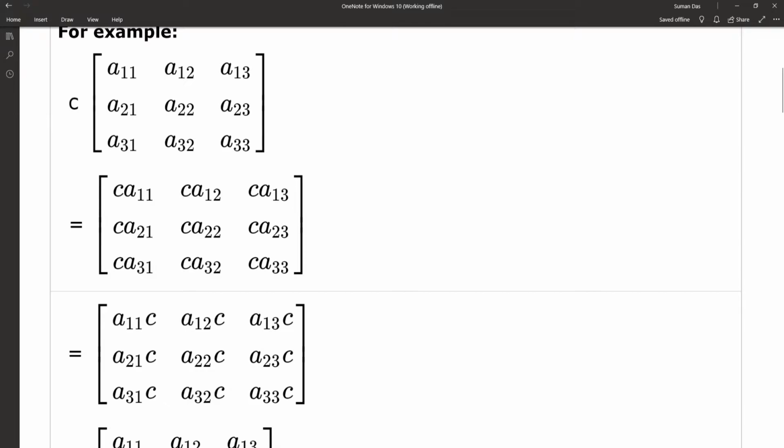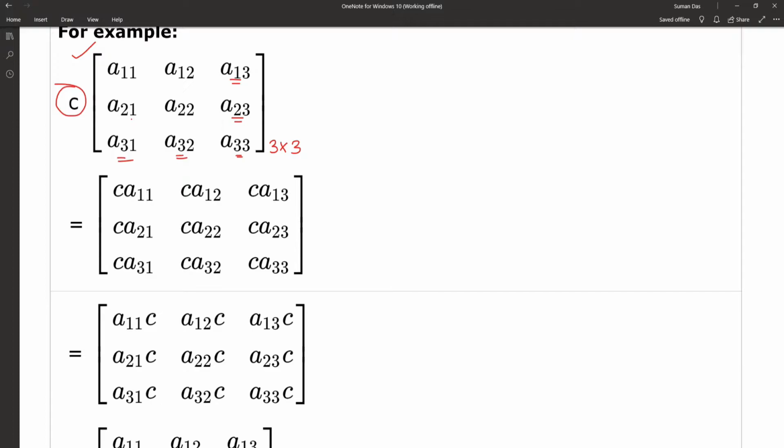Suppose we have a matrix that is A11, A12, A13, A21, A22, A23, A31, A32, A33. Those are the positional or corresponding elements of the matrix whose order is 3 cross 3, and C is the scalar number or the constant value.